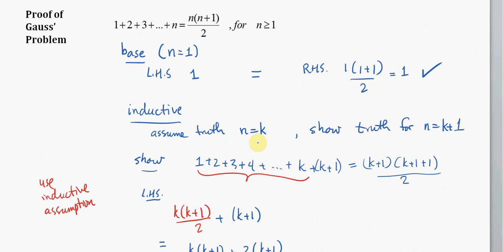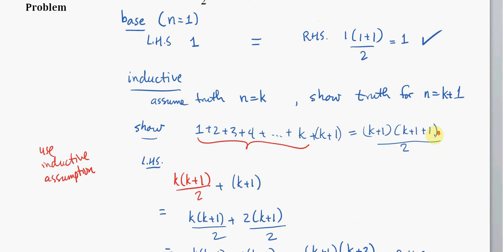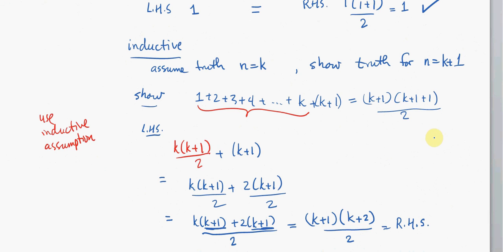If the statement was true for 100, then we can show that it's true for 101. So since it's true for 1, it's true for 2, it's true for 3, then it will be true for every number from 1 on to infinity. This is a little bit unusual, but it is mathematically sound, and it is what we call the principle of mathematical induction.